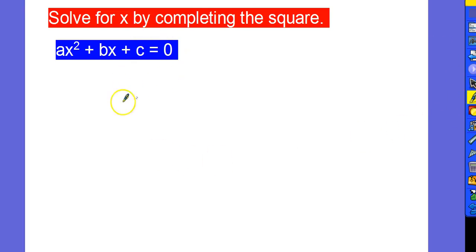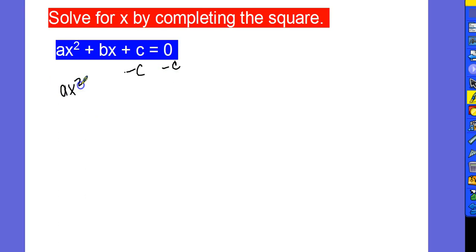All right. So we are going to solve this by completing the square, which you started with when we were doing bell work this morning. So what would we do first? We want to move the c first? Okay. So we'll subtract c to put the constant on the other side.